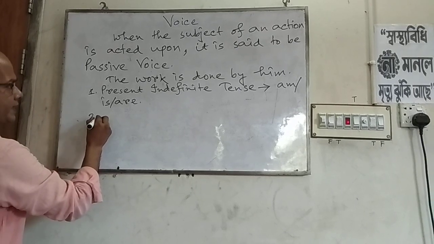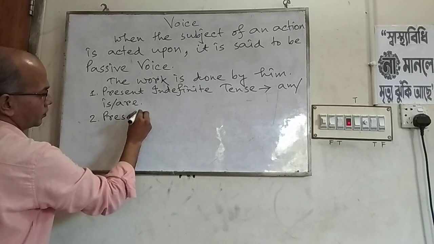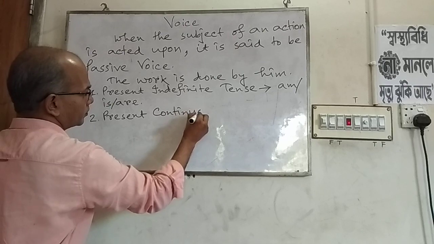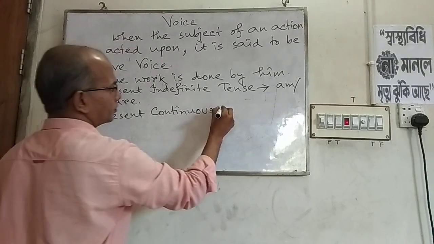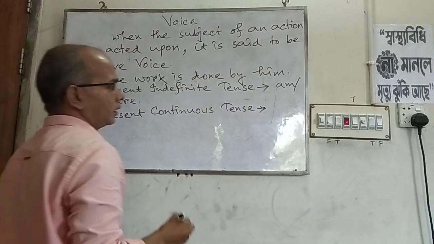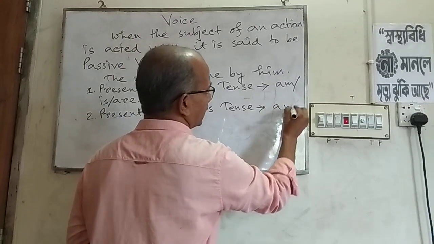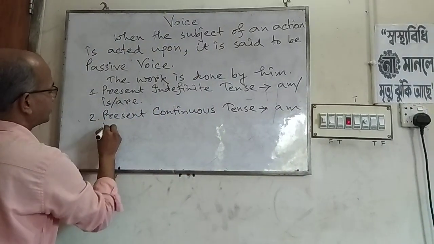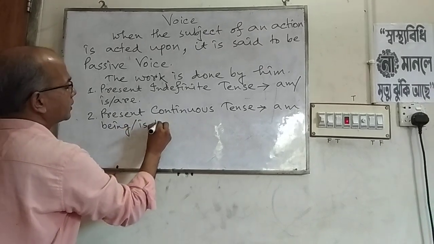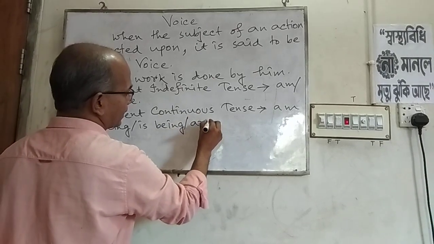Then is present continuous tense. In this case, the auxiliary verbs are am being, is being, are being.